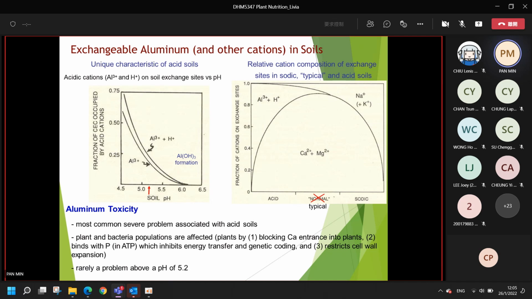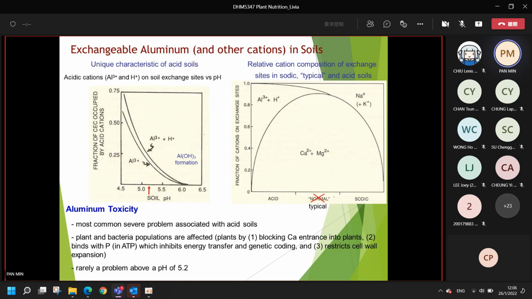The plant and bacterial populations are affected, and the aluminum blocks other essential element ions from entering the plants because it will replace them. It also binds with potassium, which inhibits energy transfer and genetic coding, and also restricts cell wall expansion. All these are not good for plant growth.